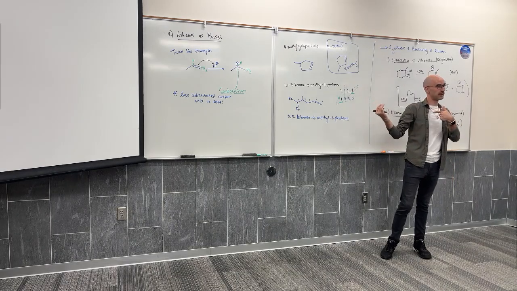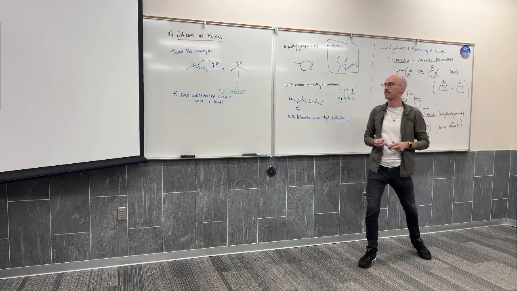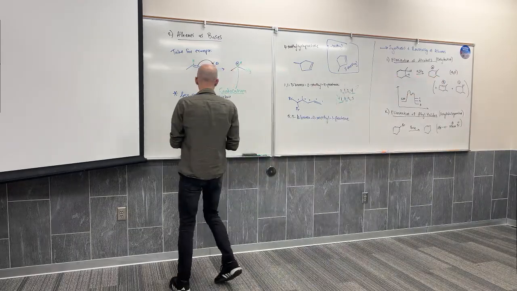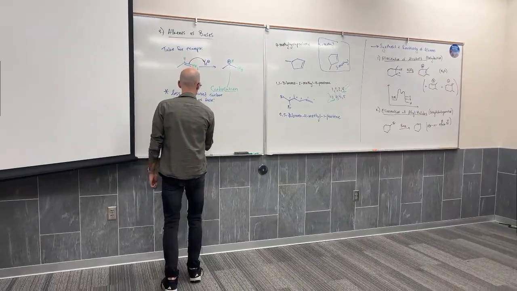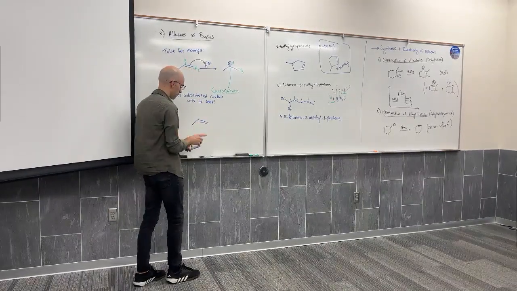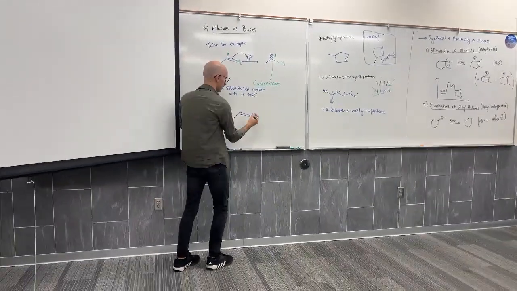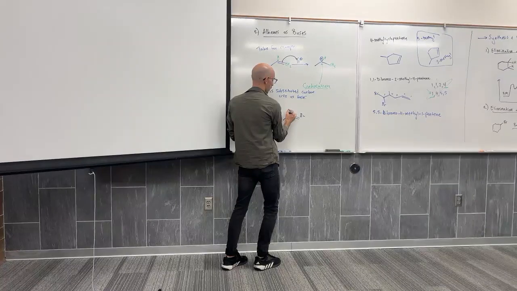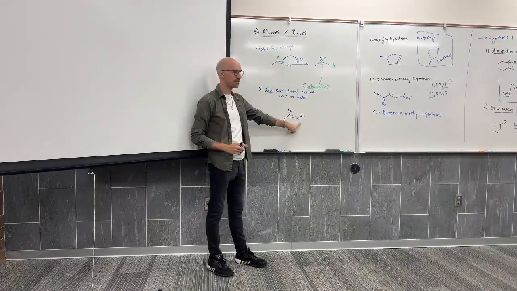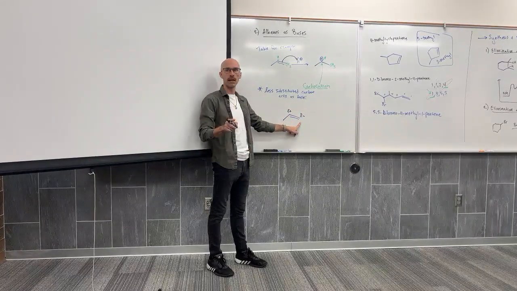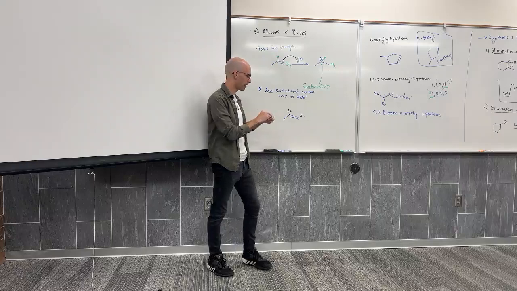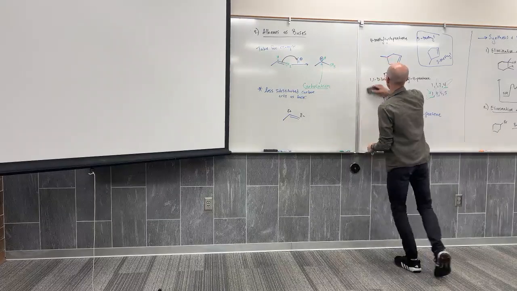Only the product shows me that. You guys remember that from your midterm exam. So we can take something away from this. We can say that this carbon is more negative and this carbon is more positive. Less substituted, more negative. More substituted, more positive.